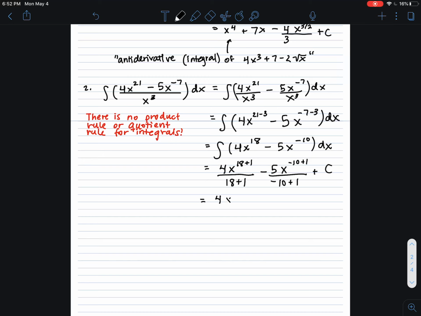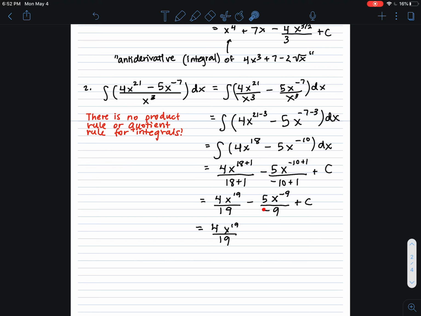So we have 4x to the 19th divided by 19 minus 5x to the negative 9 over negative 9 plus c. You could technically end here, but it's nicer to clean up the second term a little bit. So 4x to the 19 over 19 is simplified as far as it can be.